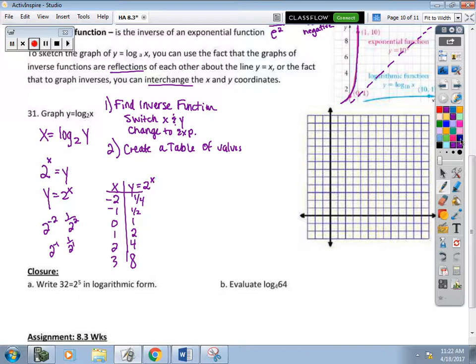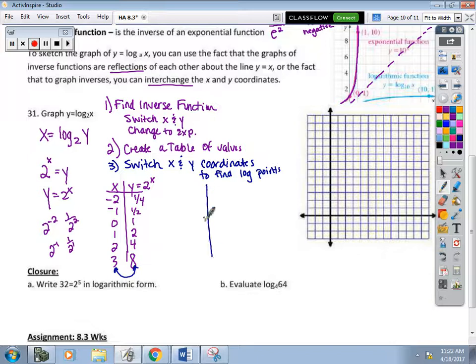Now, to find the logarithmic, we're going to switch the x and y coordinates to find the logarithmic points. Because remember, inverse functions just interchange the domain and range.